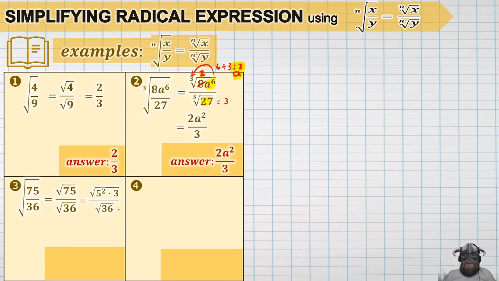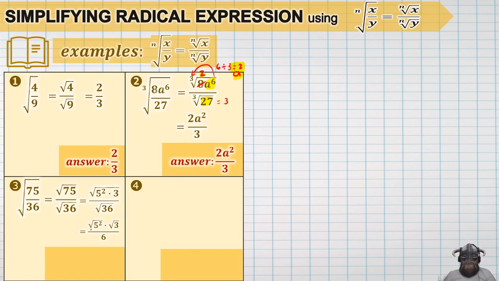Diba, ang ginagawa natin before ay pinaghihiwalay natin yung square root of 5 squared, then square root of 3. So, gawin natin yon. Yan. And by the way, ginawa na nating 6 ang square root of 36. Ang gagawin na lang natin dito is to get the roots of the factors that is having a perfect nth root.